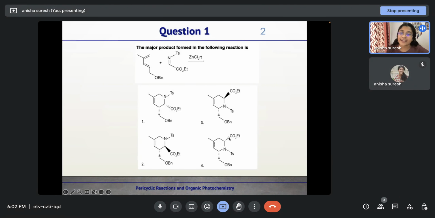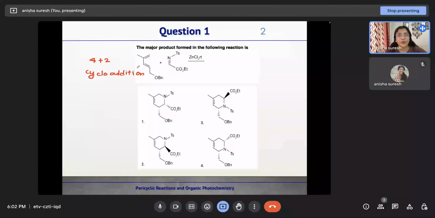So which sort of reaction is this? As we can see, this is a 4 pi component and this is a 2 pi component. So this will be a 4 plus 2 cycloaddition reaction.